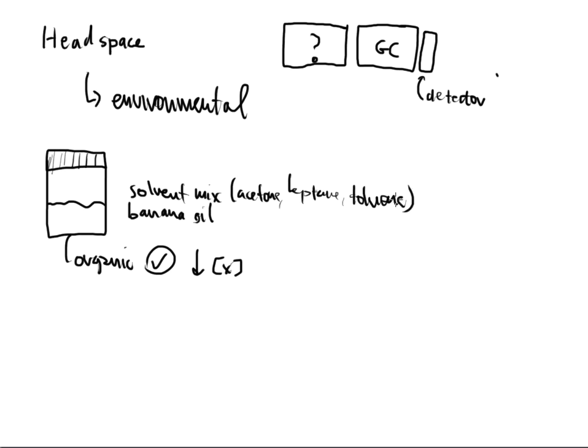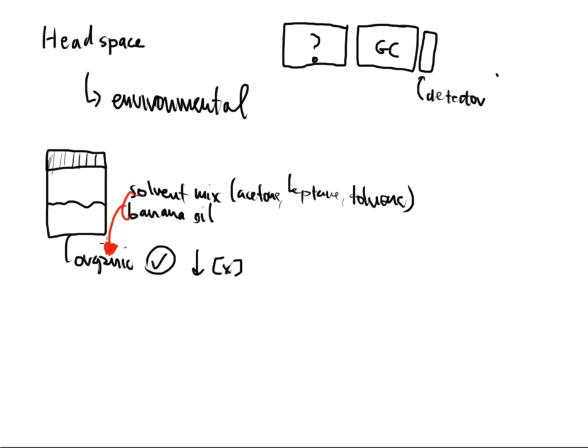All of those are typically organic, right? Acetone's organic, heptane's organic, toluene's organic, banana oil is isopentyl acetate. That is an organic compound. All of those organic compounds, there's the magic word, can be analyzed on a GC without a problem.